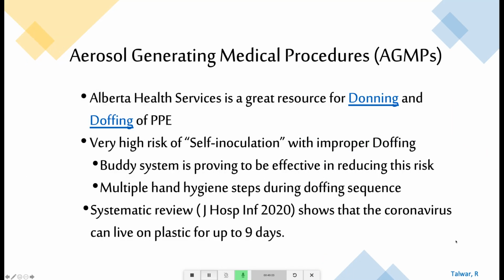So it's really important, obviously, to practice proper PPE, and I'll go through that in a second. If you want to break down aerosol generating medical procedures and dental procedures, Alberta Health Services have great resources. I'm going to show you a couple of links in a second for the donning and doffing.